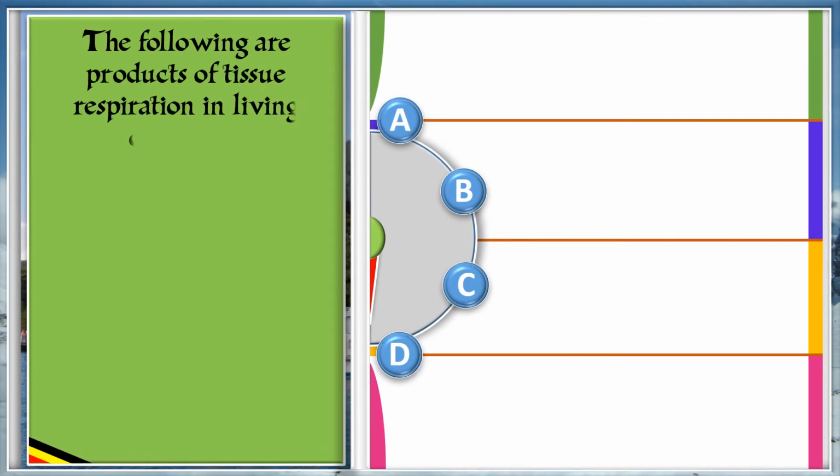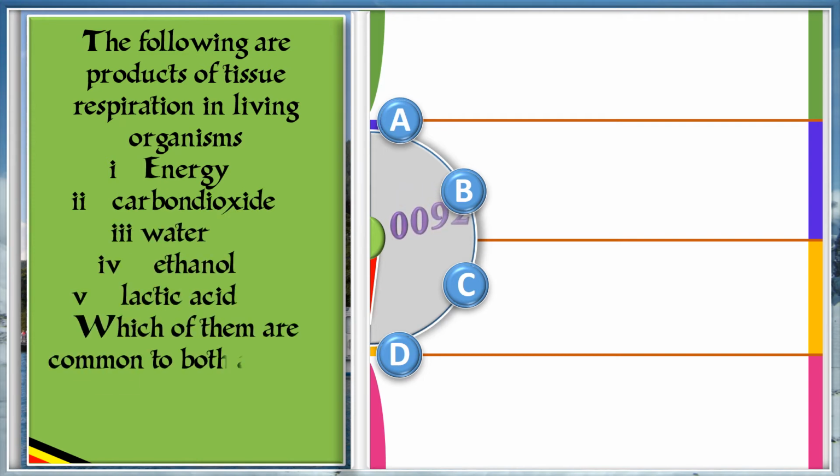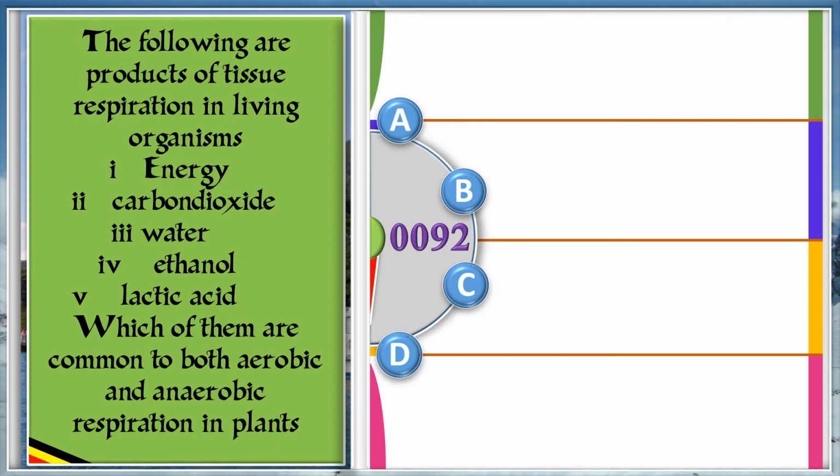The following are products of tissue respiration in living organisms. 1. Energy. 2. Carbon dioxide. 3. Water. 4. Ethanol. 5. Lactic acid. Which of them are common to both aerobic and anaerobic respiration in plants?